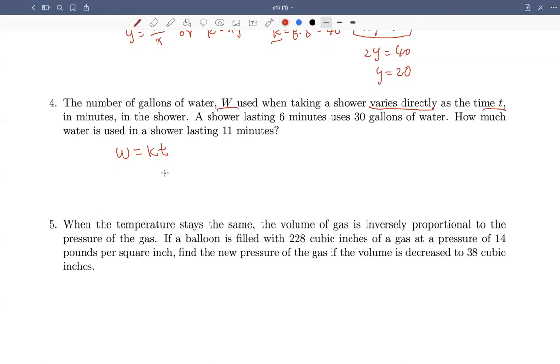A shower lasting 6 minutes will use 30 gallons of water. So we divide by 6 on both sides, K equals 5. So W equals 5 times T. How much water is used in 11 minutes? Substitute 11 for T. 5 times 11, so 55 gallons.